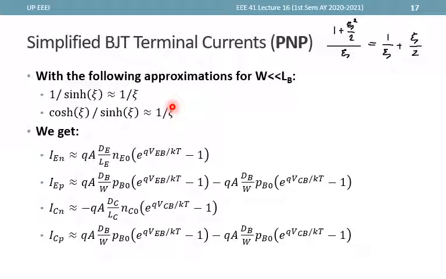Now for the actual current components, we have this 4 here, although these two are actually the same and do not depend on this one. So there's nothing new with these equations.